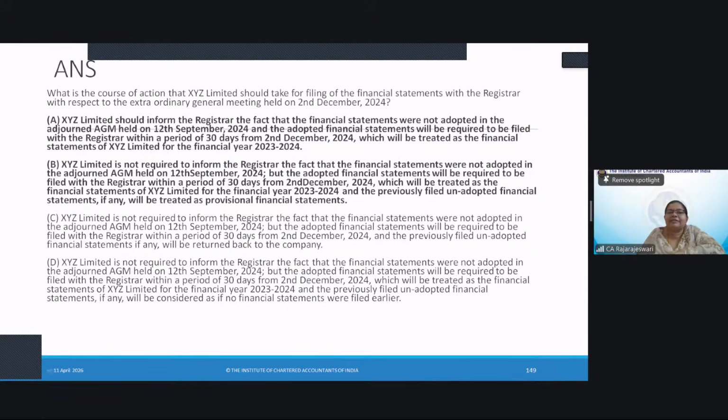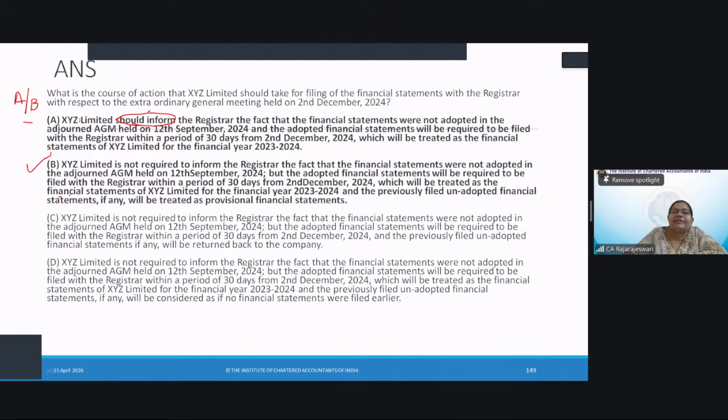Here the answer which they have given is both A or B. Even if the student has given A, it is not wrong. So I have given both A and B in bold. The students who have written A, the suggested answer gives it as A or B. But I will say B is the correct one. Even if the student has given A, there is no obligation to inform. This obligation is not there for the company.